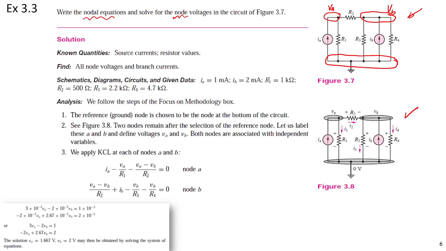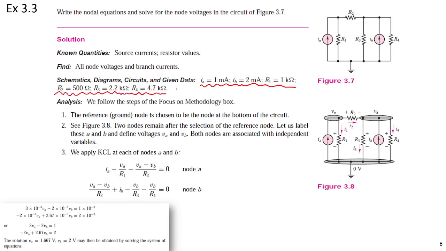We can define the current flowing in or out of the node, from node A to B or B to A, any. And these are the known values, right? We know this value.